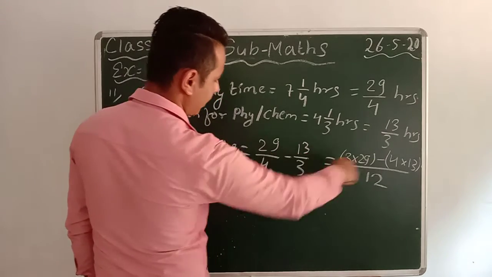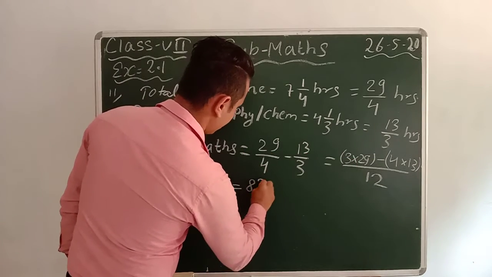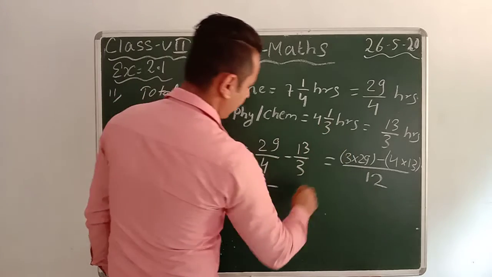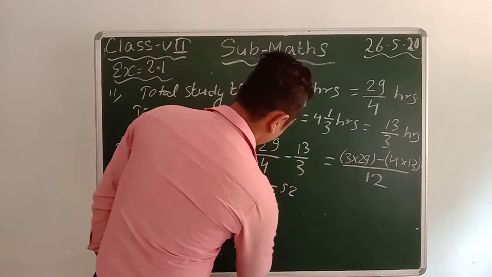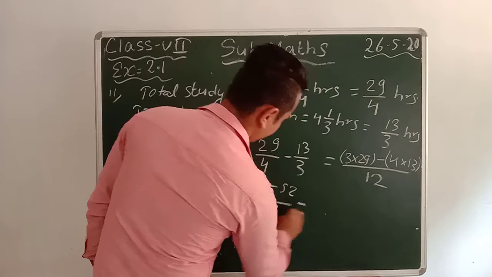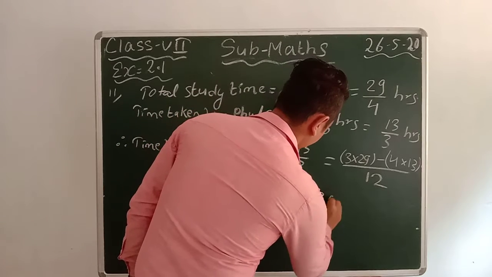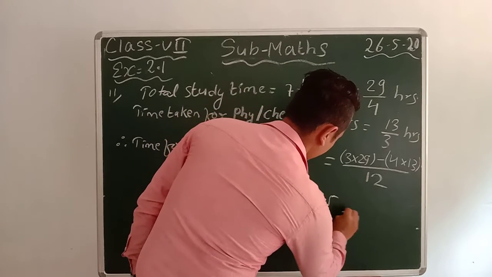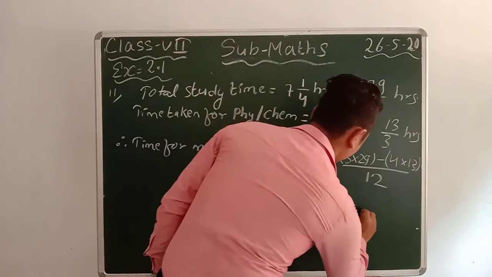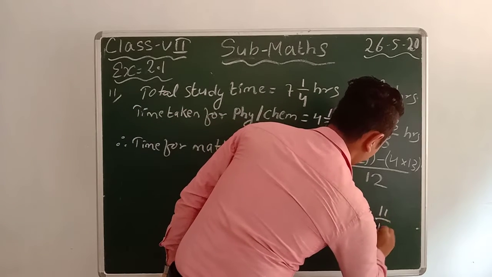So 3 into 29 is 87 minus 4 into 13 is 52, by 12, which is equal to 35 by 12, which is equal to 11 by 12.